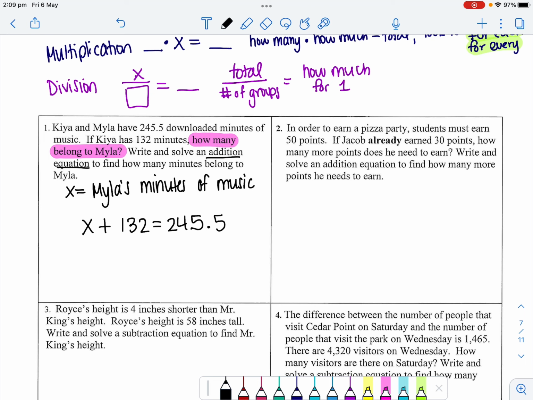So Mila's minutes plus Kaya's minutes equals 245.5 total minutes of music. Now I'm going to solve my equation by subtracting 132 from both sides, and I'm going to get x equals 113.5 minutes belong to Mila.